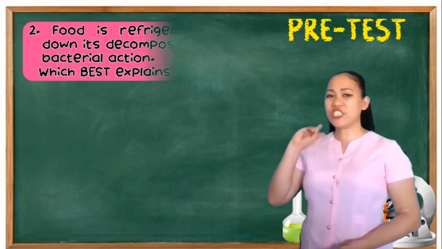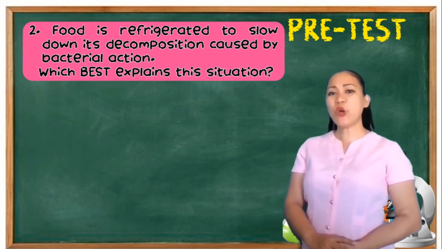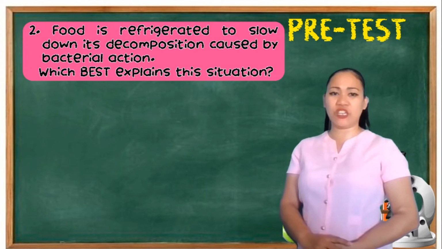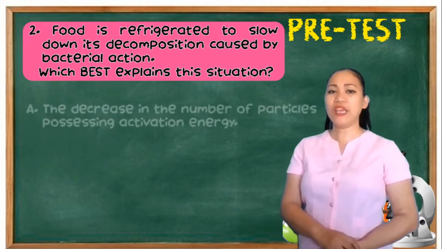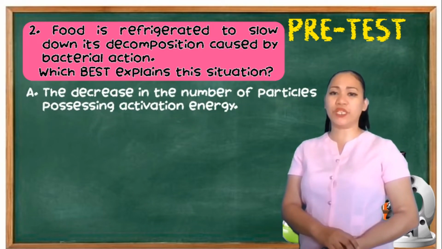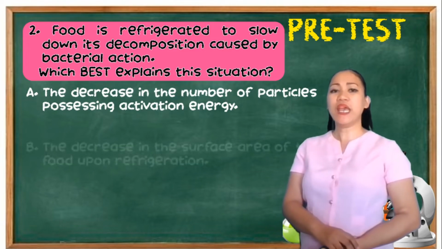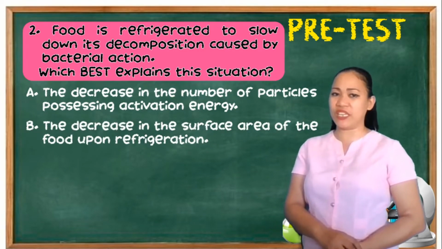For question number 2, food is refrigerated to slow down its decomposition caused by bacterial action. Which best explains this situation? A. The decrease in the number of particles possessing activation energy. B. The decrease in the surface area of the food upon refrigeration.